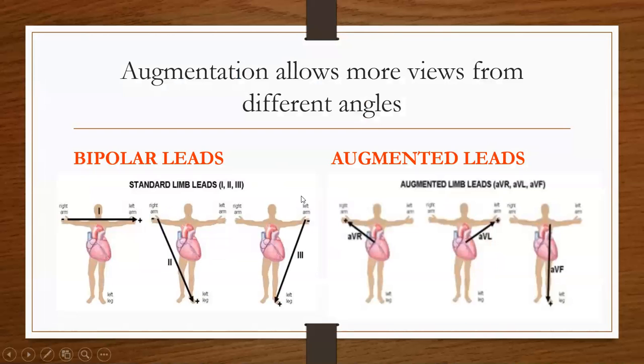So what does augmentation mean as far as the EKG goes? It allows the physician to see more views of the heart from different angles. Here we see with your bipolar leads the different angles that leads 1, 2, and 3 look at. And then with your augmented leads, here are your additional angles that the physician is able to see.